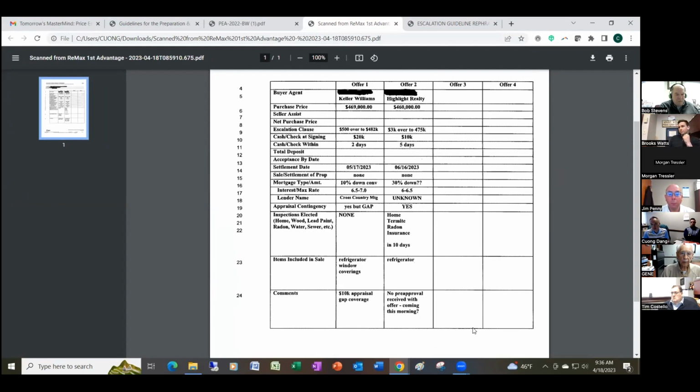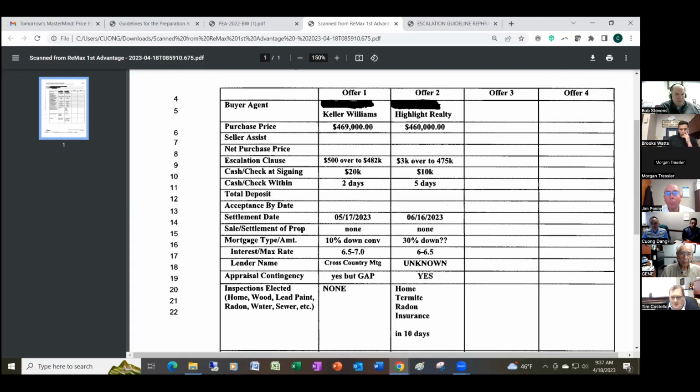So can anybody tell me what the final price on this one should be? What's the highest price? Can everybody see it? 482. So the offer should be 475.5.